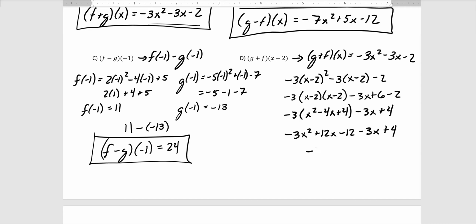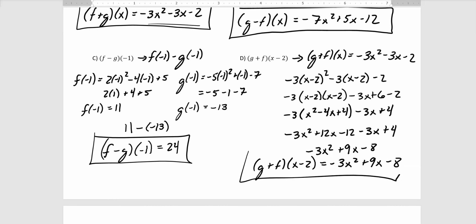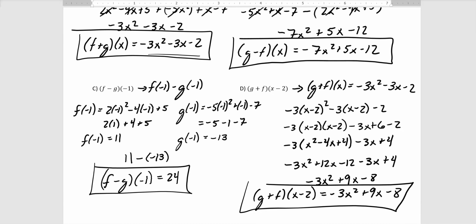So I'll have negative 3x squared. 12x minus 3x is 9x. Negative 12 plus 4 is negative 8. So I'm left with g plus f of x minus 2 equals negative 3x squared plus 9x minus 8. And there we go.